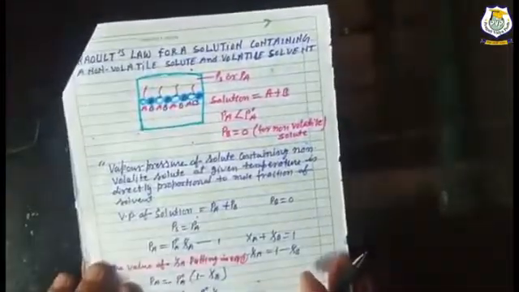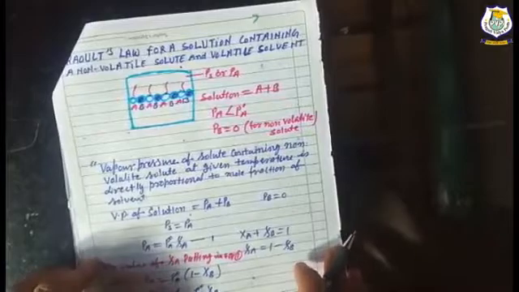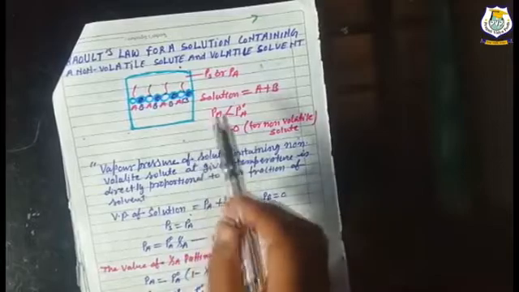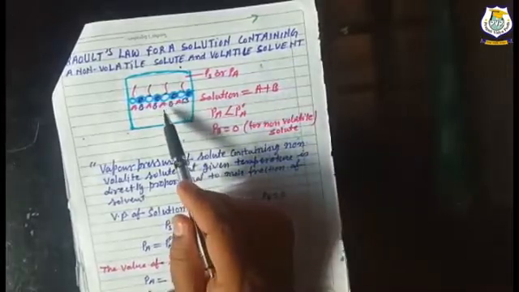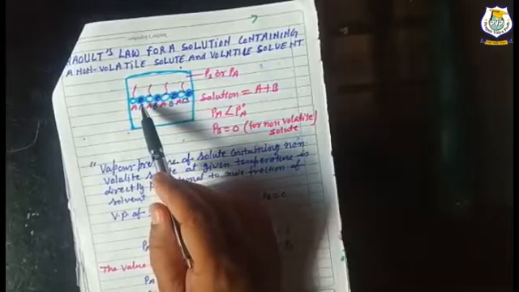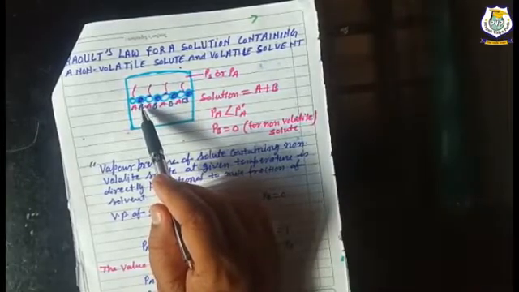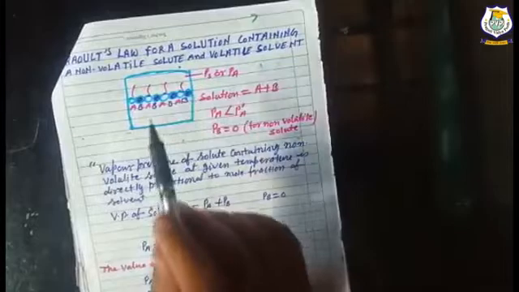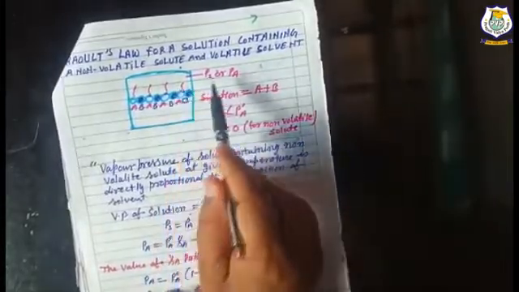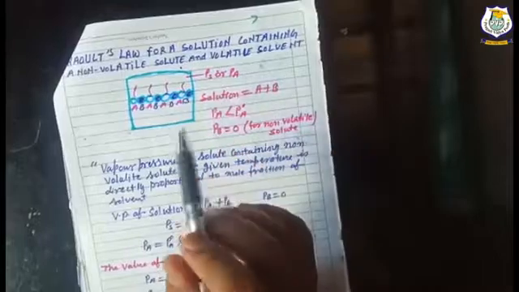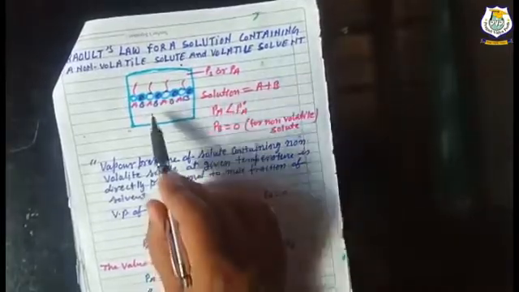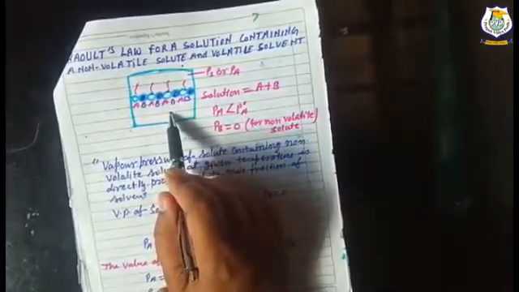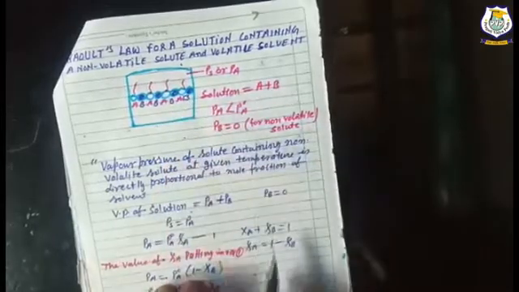Another form of Raoult's law is when a non-volatile solute is present in a volatile solvent. Some area of the surface is covered by the non-volatile solute. Due to that reason, the formation of vapor pressure is reduced. In this condition, the vapor pressure of the solution is equal to the partial vapor pressure of component A, because A is the solvent, which is volatile in nature, and B is the solute, which is non-volatile in nature.